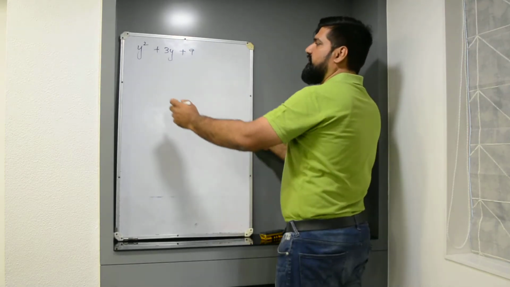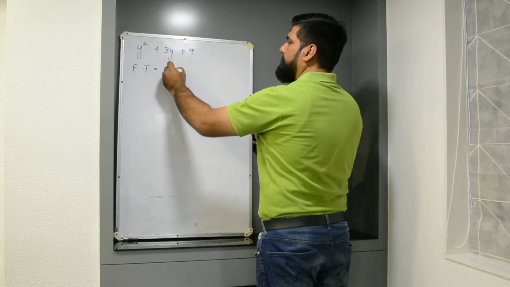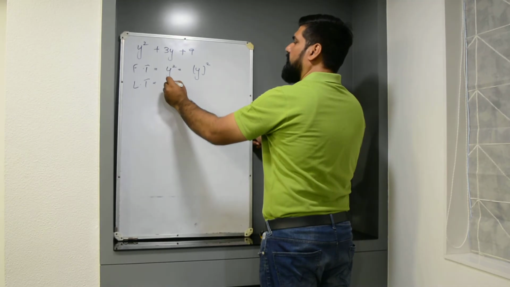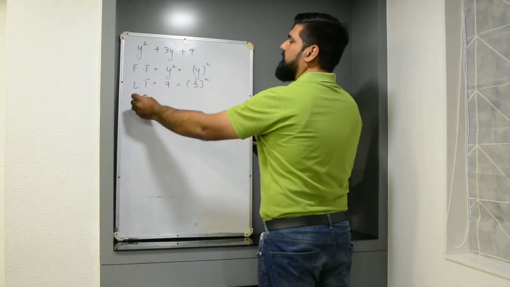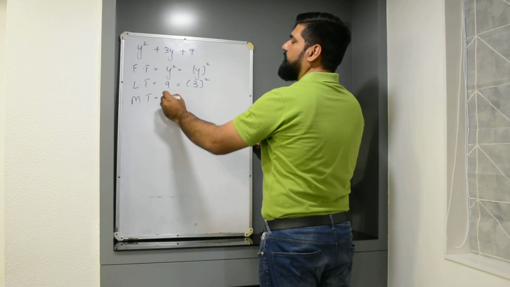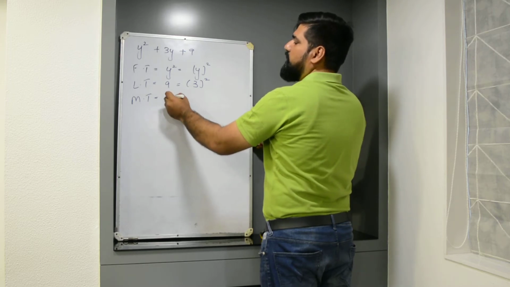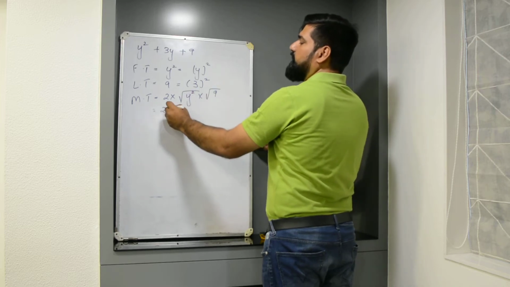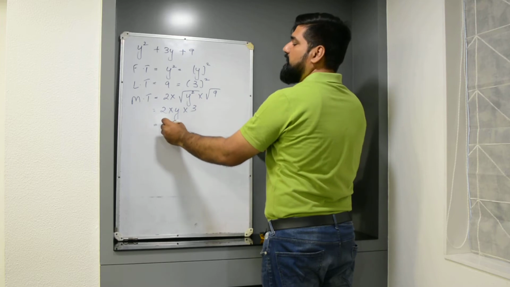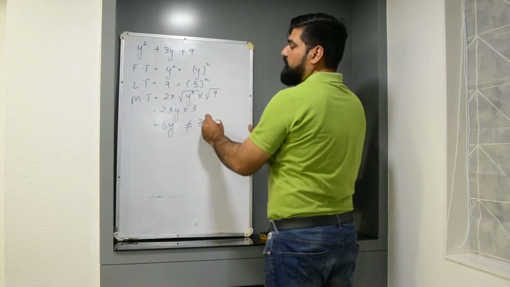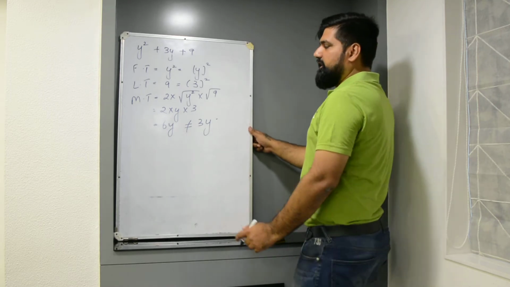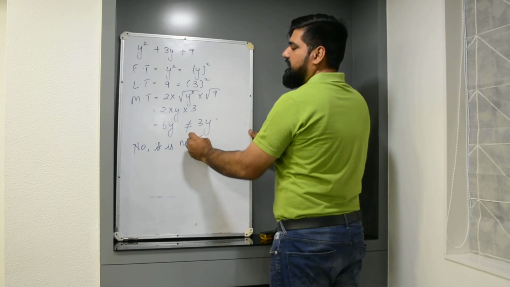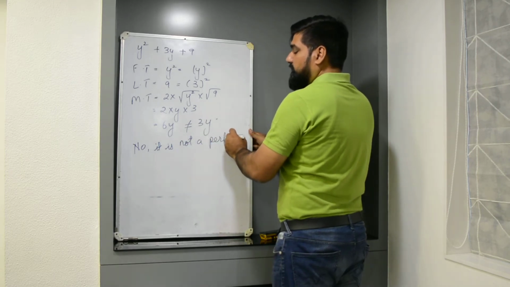If we see, the first term is a perfect square, the last term is also a perfect square, but the middle term is not. The middle term is not equal to 2 into the square root of y² into the square root of 9. So 2 into y into 3 is equal to 6y, which is not equal to 3y, which is given to us. Therefore, no, it is not a perfect square.